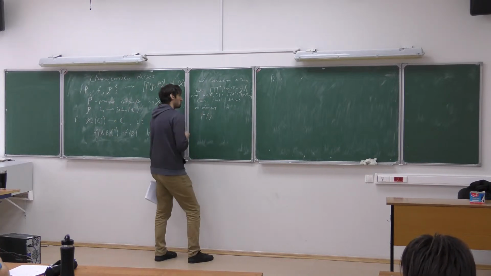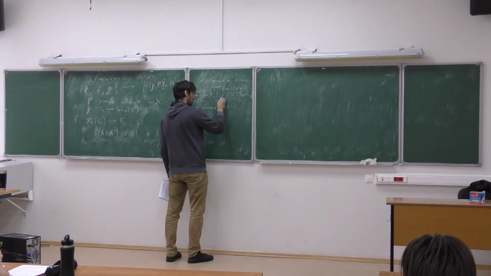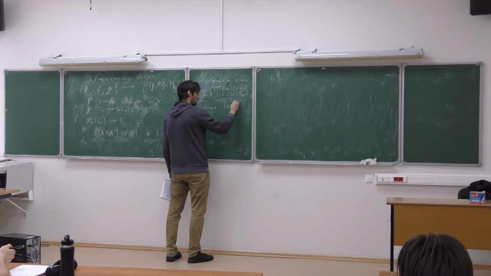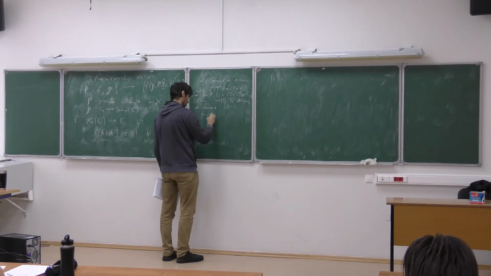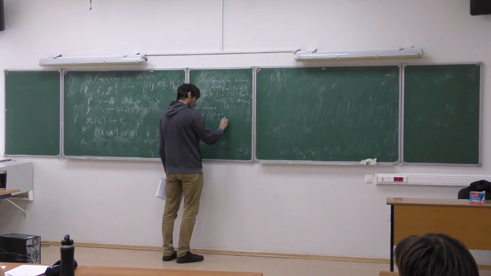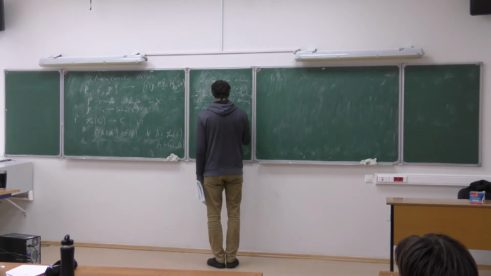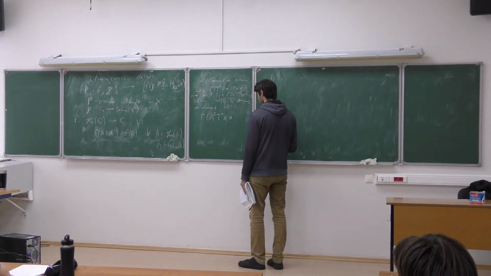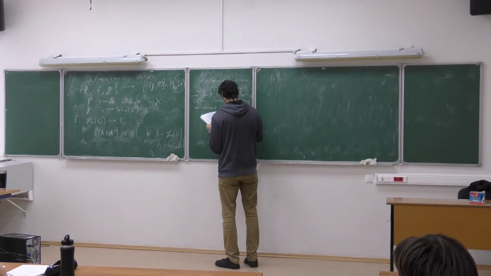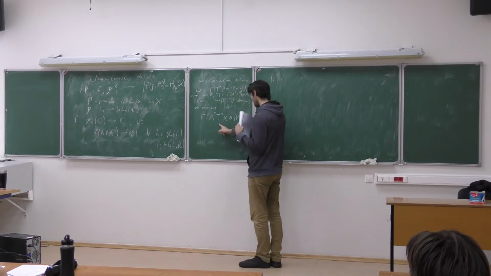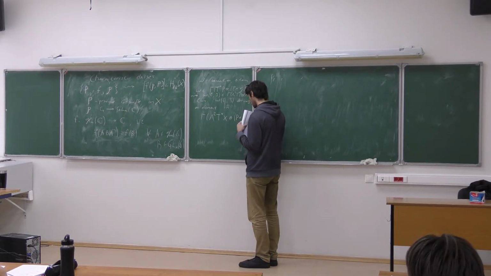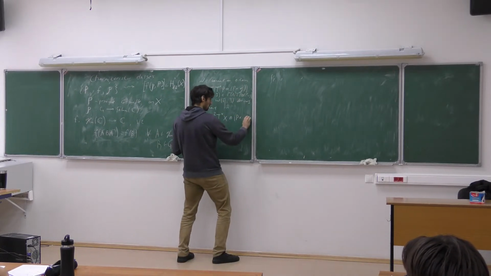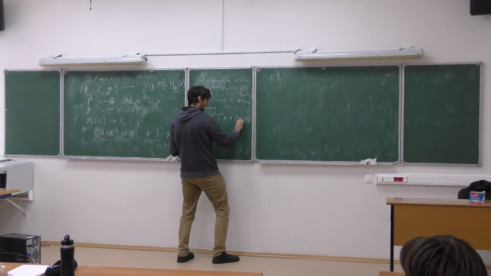So I would like to see that actually not omega, but this curvature two form defines an element, where it's a two form on X with values in the following: P times G, but okay, this is a bundle over X, so I would like this to be more of a vector bundle, so I write ad in here.